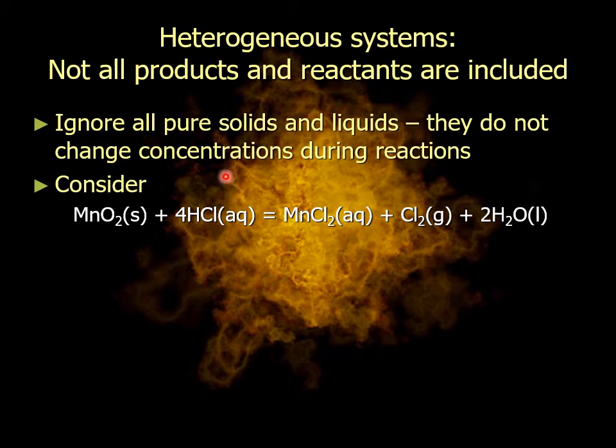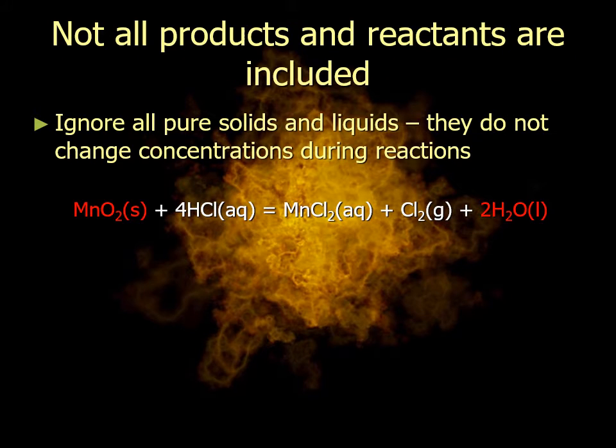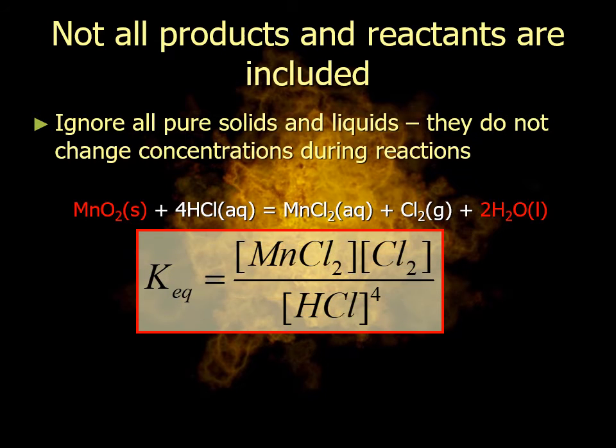So if I'm looking at my equation, the MnO2 is an S, a solid, the H2O, L is a liquid, and they should not be included in the expression for K. So let's rewrite the equation highlighting the S's and the L's, and everything else that remains would be included. So when I write my expression for K, again, it's products on top, reactants on the bottom. I'm excluding the S, I'm excluding the L.